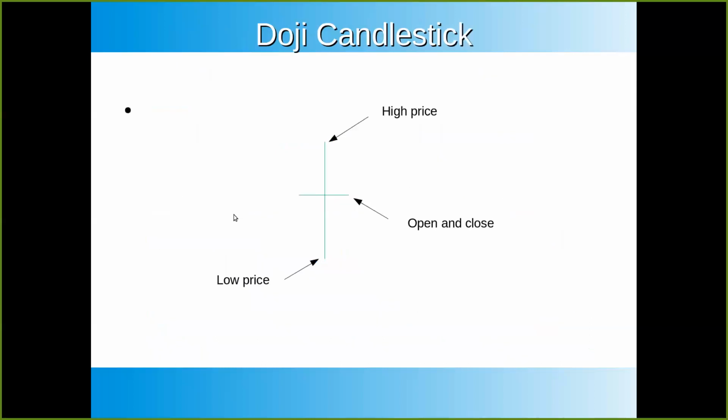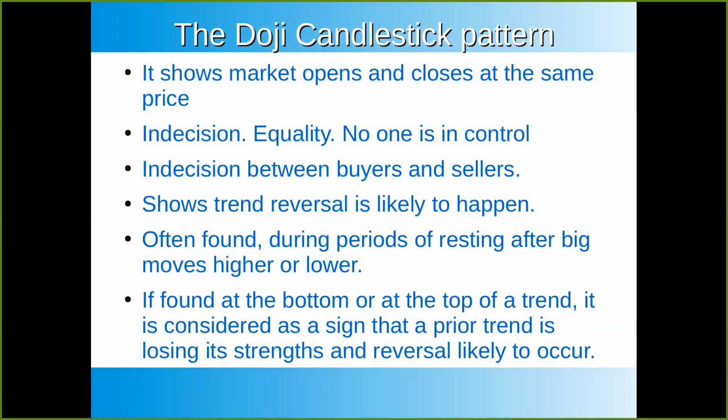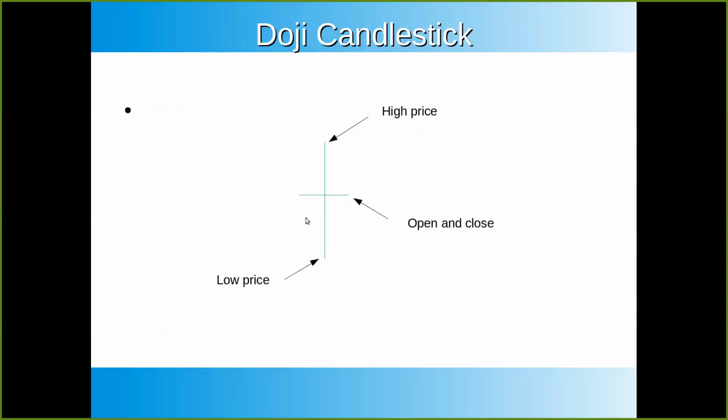When you see it, it's a hint that if the trend was in an uptrend or a downtrend, a reversal is likely to happen. Often found during periods of resting, another thing you need to understand is that when a trend is going up, a time will come that the trend has gone up to a certain extent and it tries to consolidate, it tries to rest.